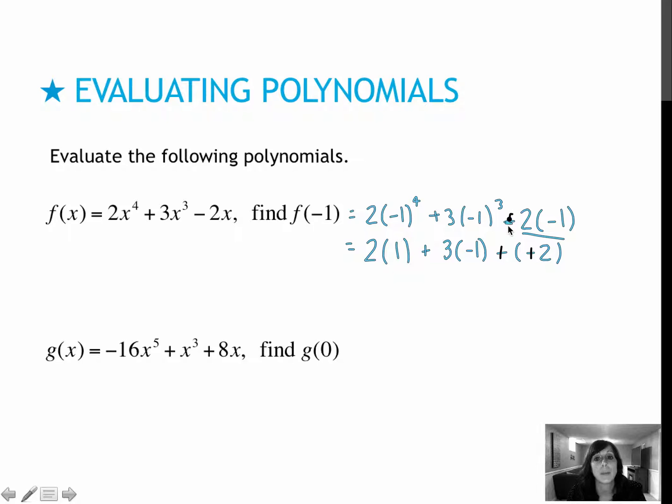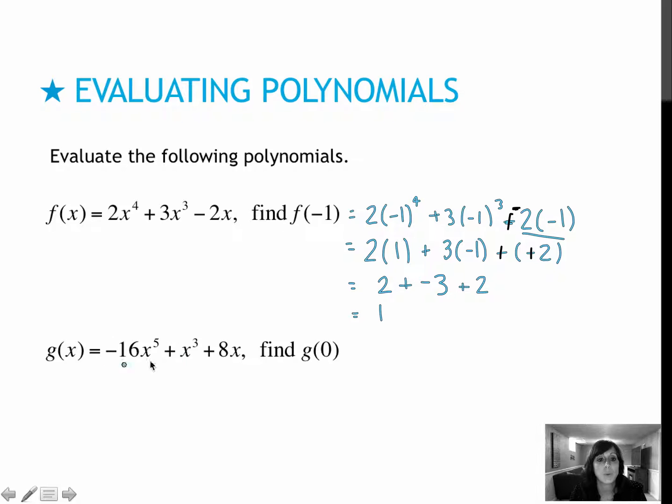You could even do it up here on this step so you remembered it was a negative times a negative to make it positive. Now I have 2 times 1, which is 2, plus 3 times negative 1, which is negative 3, and then plus 2. When I combine those together, I get 1.